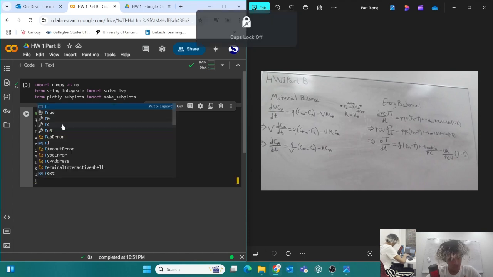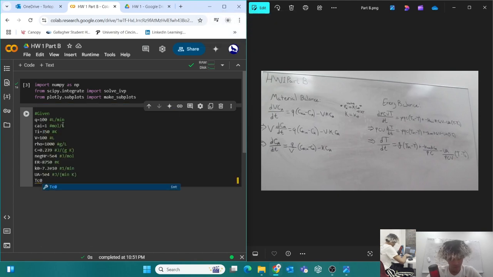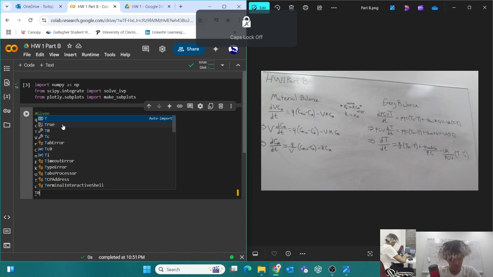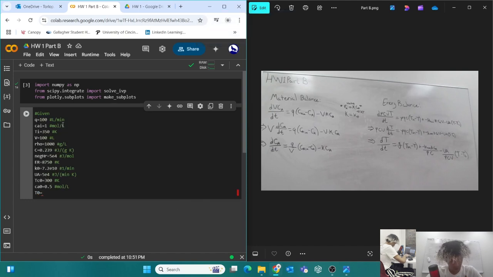Then we have the coolant temperature naught, or TC naught, which is 300 Kelvin. Then we have concentration naught, which is 0.5 moles per liter. And lastly, we have temperature naught, which is 350 degrees Kelvin.